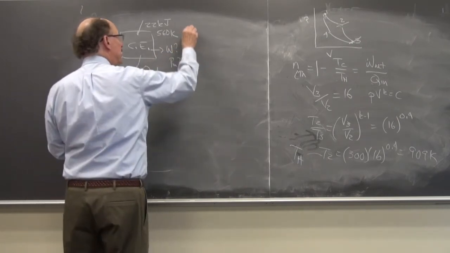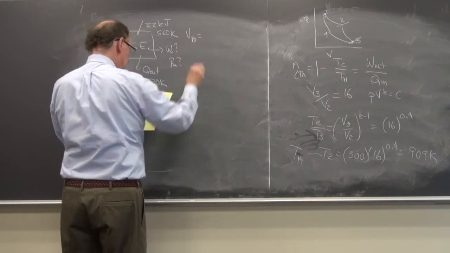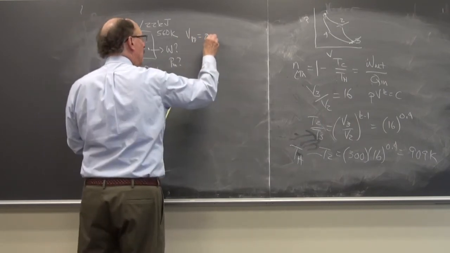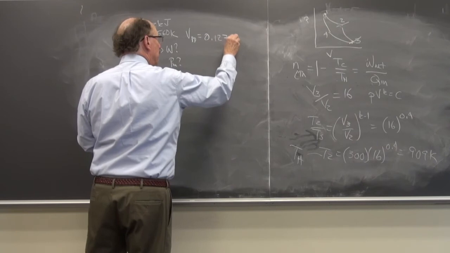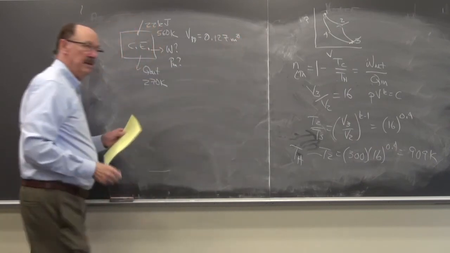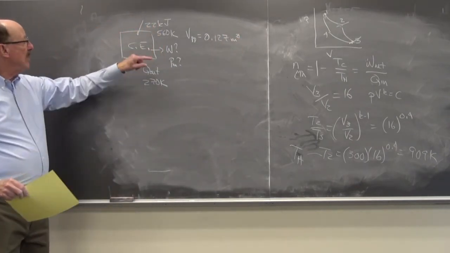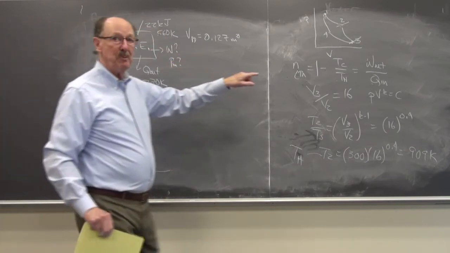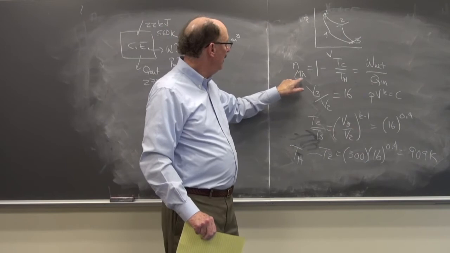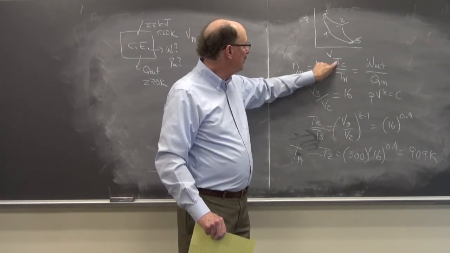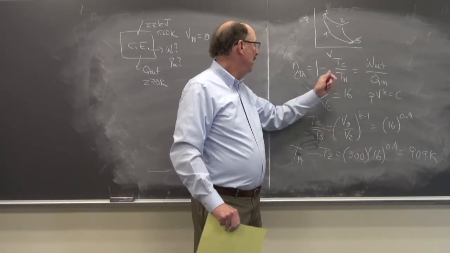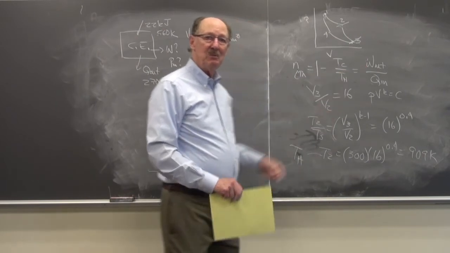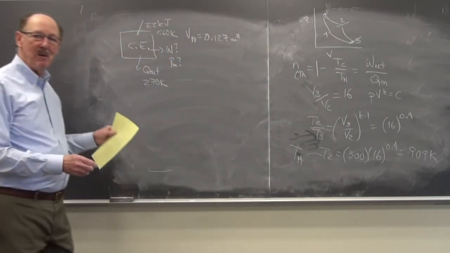I'm given that V sub PD is equal to 0.127 cubic meters. In this case, I'm given the two temperatures and the heat, and I want to find the work. So it's one equation with one unknown. It's embarrassing to have a problem that easy.